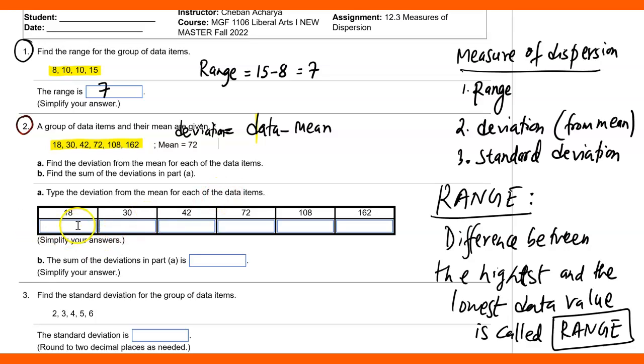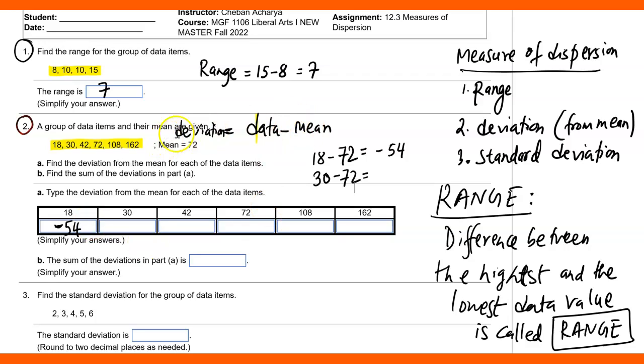For example, for 18, what's 18 minus 72? You subtract that. 18 minus 72 is negative 54. Therefore, for 18, the deviation is negative 54. Similarly, for 30, what's the deviation? You do the same thing. 30 minus 72. Always you subtract data minus mean.